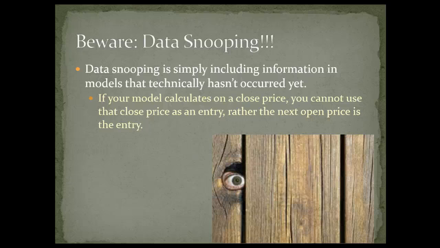So it's data that, if you were there live at that time, you wouldn't know. For example, if your model calculates on a closing price, you can't enter on that closed price. You have to use the next open price, or you can't include an average true range of the next open in your model. That is considered data snooping.